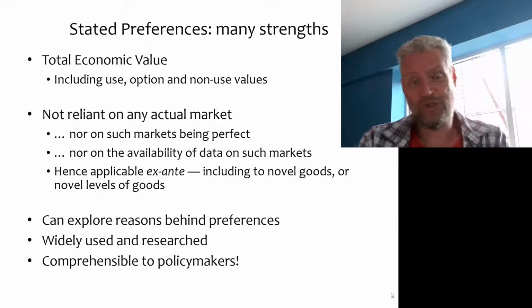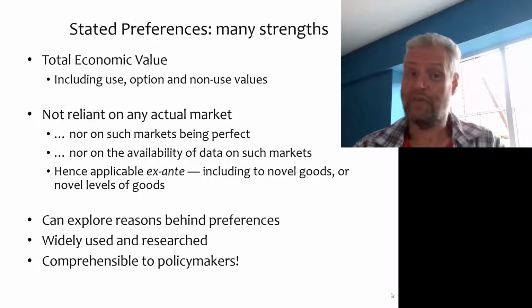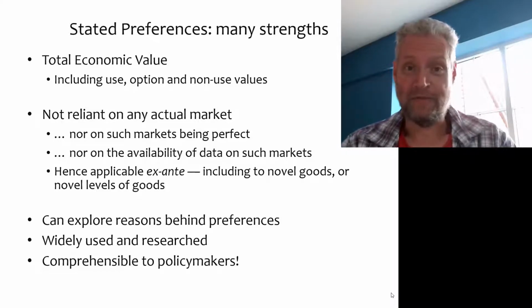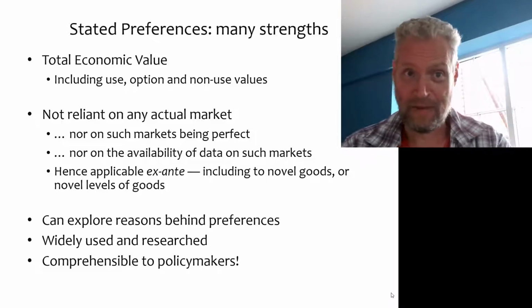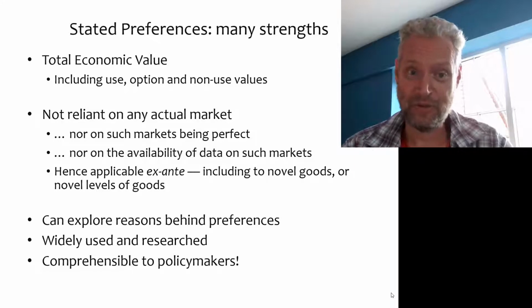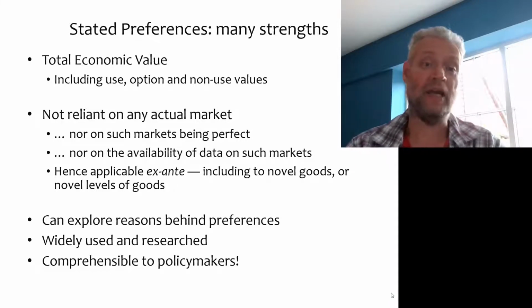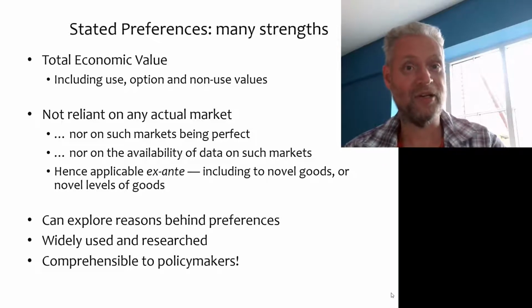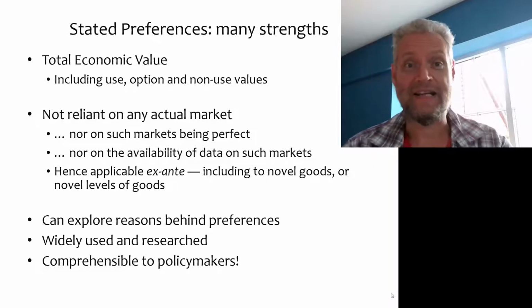We do not need to assume or work around the fact that the market is perfect or not perfect. We're not at the mercy of, say, a real estate agent making data available to us. So that is good.